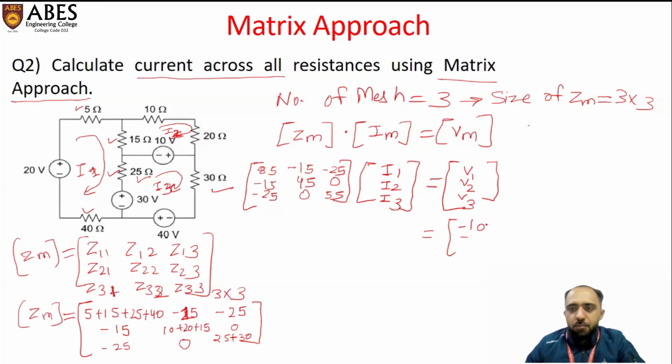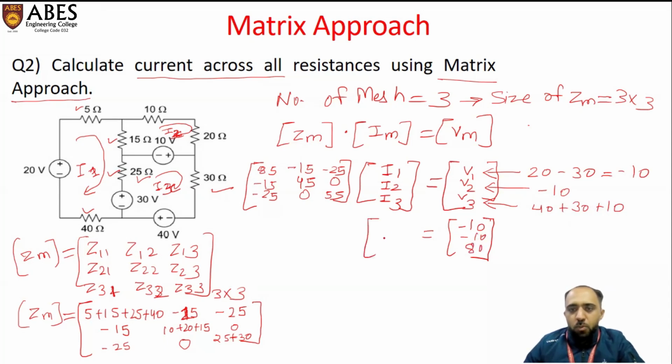Let's look at how we are writing V1. V1 is 20 minus 30, which is equal to minus 10. How can we write the value of V2? Check mesh 2. Mesh 2 is having minus 10 volt source. How can we write the value of mesh 3 voltage? We need to write 40 plus 30 plus 10. So 40 plus 30 plus 10, it will be 80.